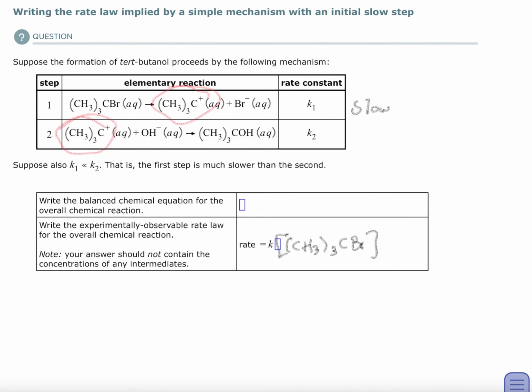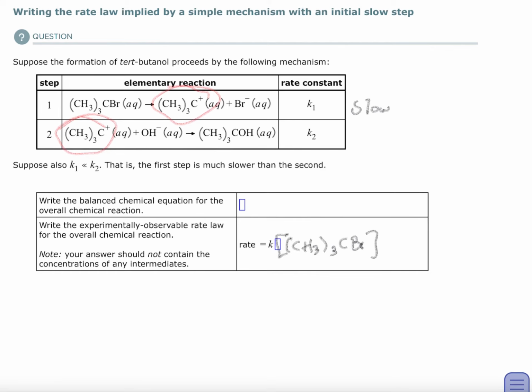Now for the balanced equation, you want to ignore your intermediates because they're going to cancel on both sides. So you're going to essentially add up everything that's not an intermediate and put everything that's on the left, everything that's on the right. Now remember, Aleks needs the states.